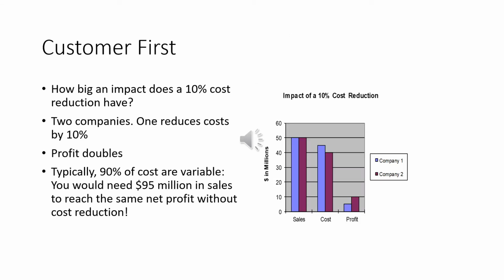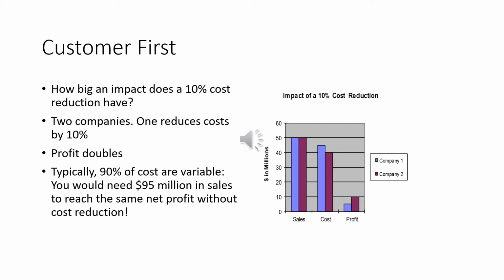So how big does a 10% cost reduction have? You have 2 companies, both are selling about $50 million in sales. They both cost them $45 million to make the $50 million they're selling. One company goes off and reduces by 10% the cost, so it's another 5% they reduce, or $5 million they save. That $5 million goes straight to the bottom line.